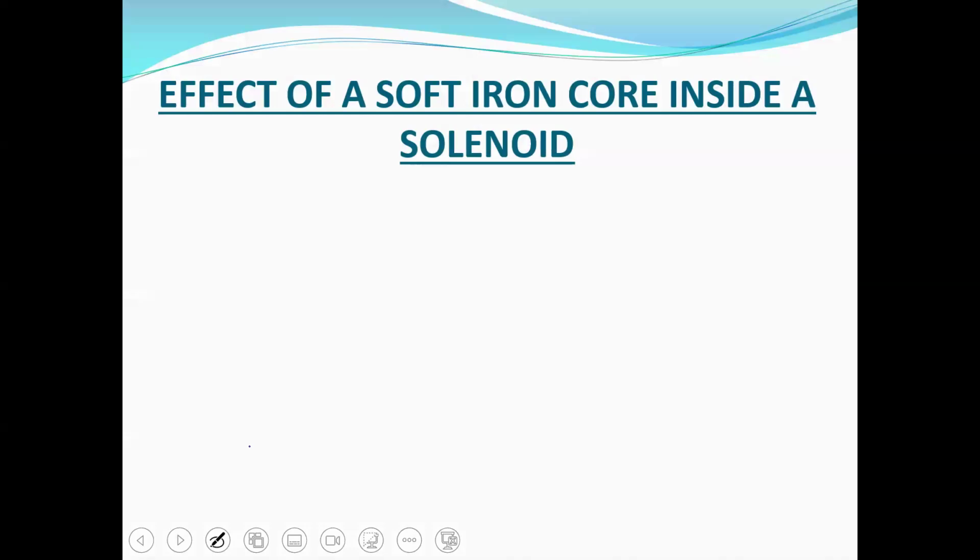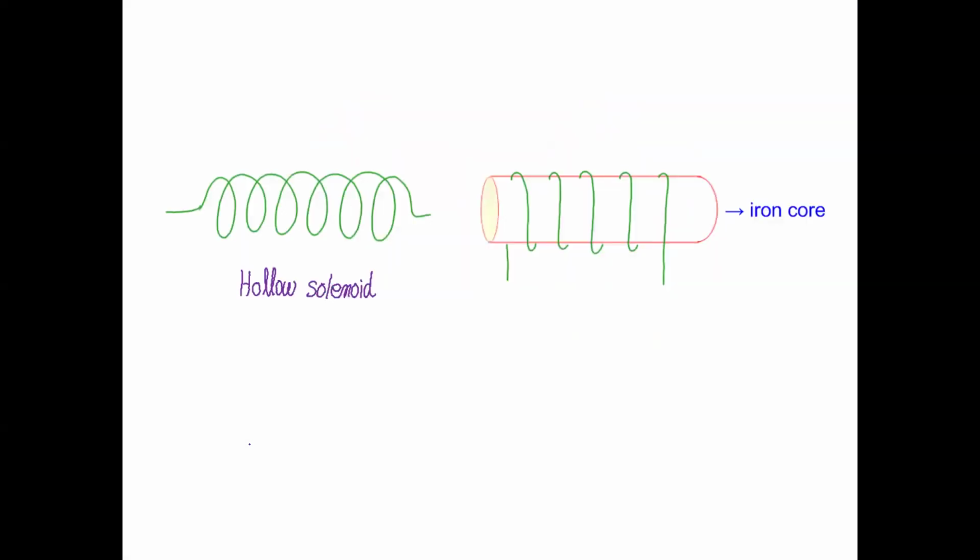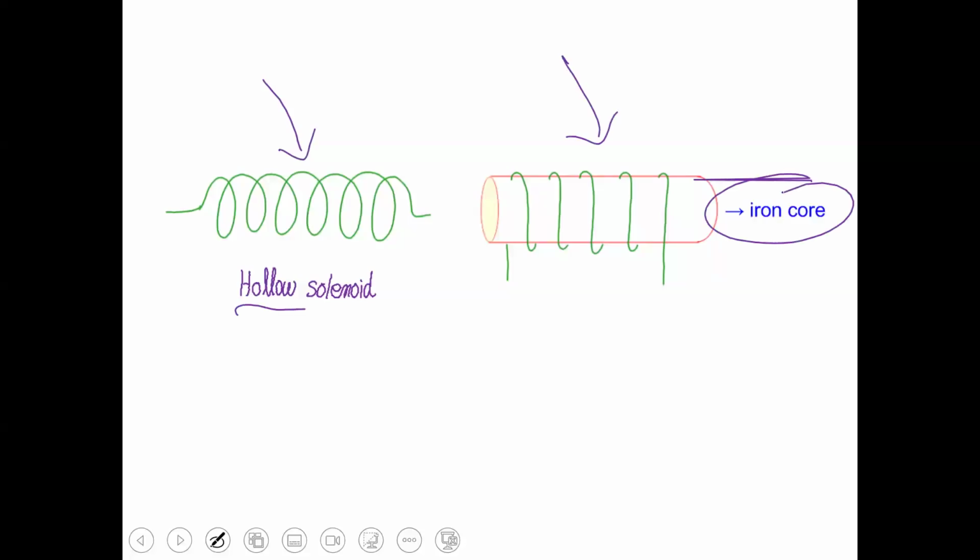Now comes the title which I was asking about, and two people answered on this concept: effect of a soft iron core inside a solenoid. This concept is again connected with our O level. In our O level, we studied that if you insert an iron core, look at the left hand side, there is nothing inside the solenoid, it's hollow, and the other has an iron core.